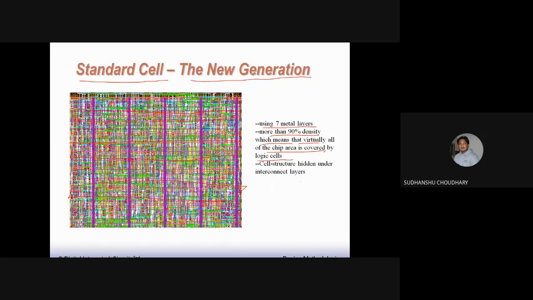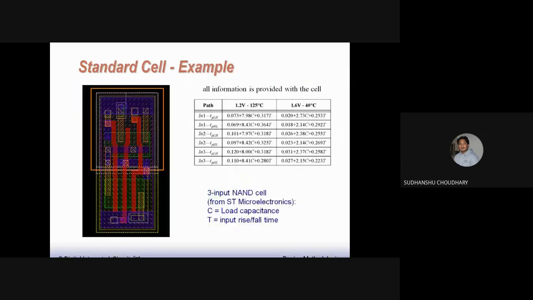These are not those rows of cells. These may be memories, right? Memories are very structured. So I think that these vertical purple lines could be memories. But yes, the rows of cells are hidden beneath the interconnect layers.